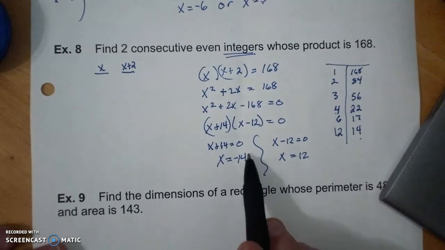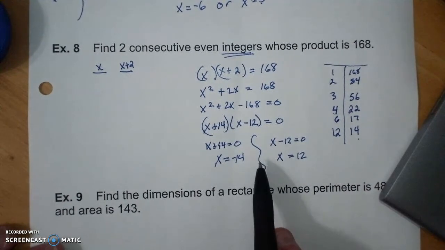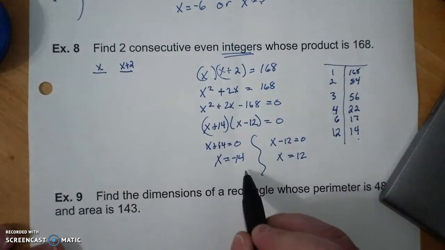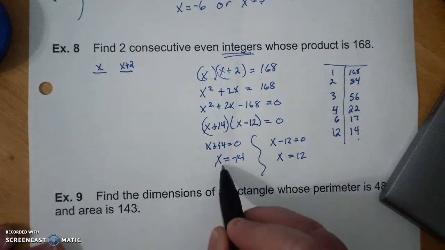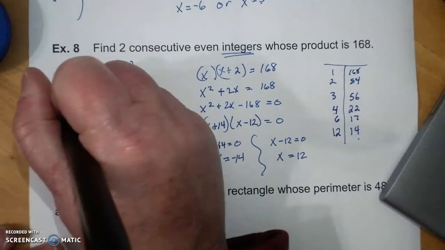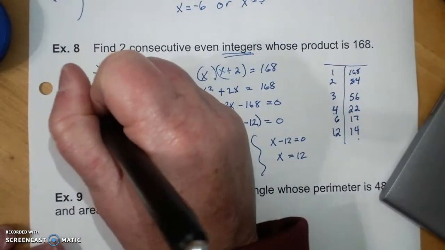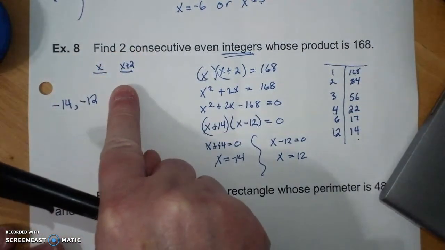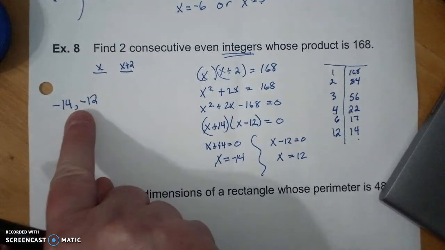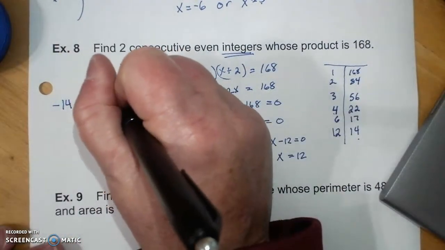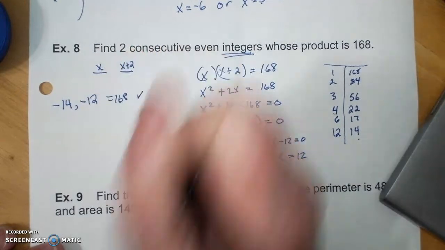Okay, so here's the strange thing on this one, I'm going to check them both. If negative 14 is one of my integers, negative 12 is my next consecutive integer, and a negative times a negative is a positive. That checks out.